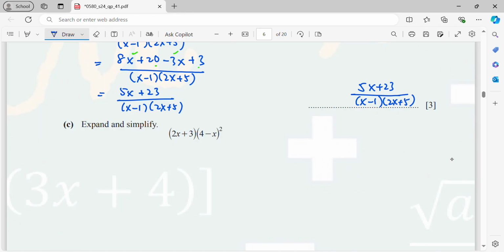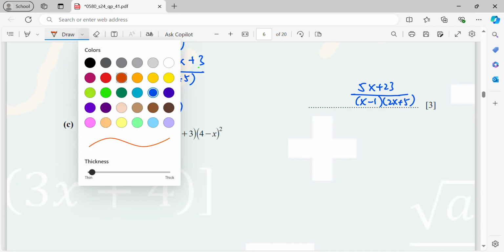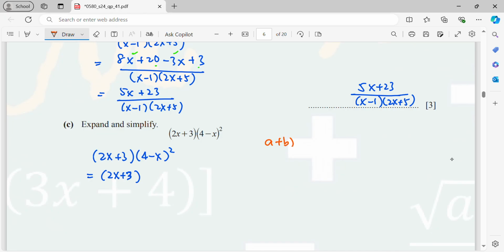C, expand and simplify. 2x plus 3 times 4 minus x squared. For the 4 minus x squared, I'm going to use the formula a plus b squared, which is a squared plus 2ab plus b squared. So your a is 4, your b is minus x.